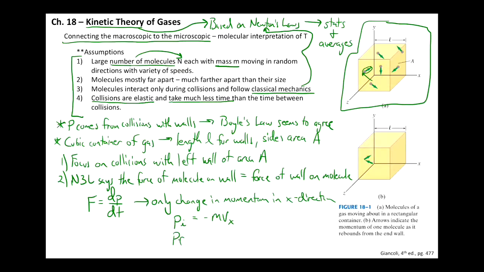So the final momentum is positive m times vx. If I put those together and look at how much the momentum has changed, remember that's p final minus p initial. So I'm going to end up with two negative signs there, which means the overall change in momentum is 2 times the mass times the velocity in the x direction.